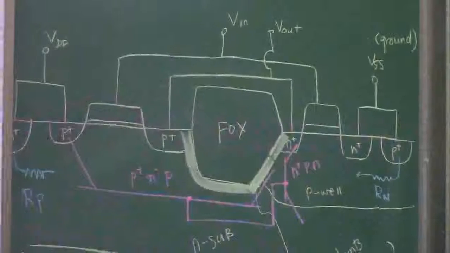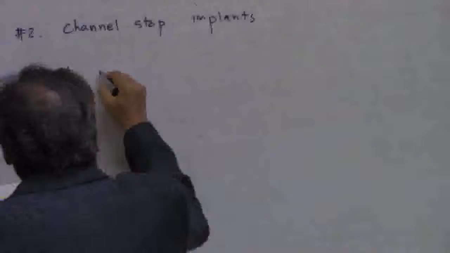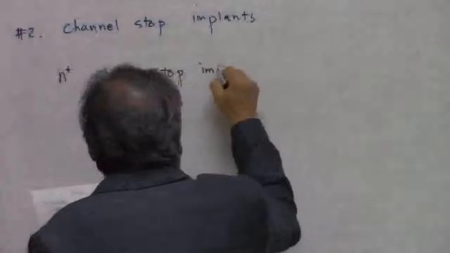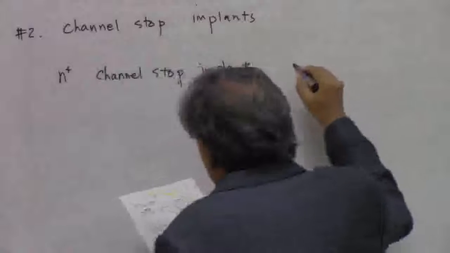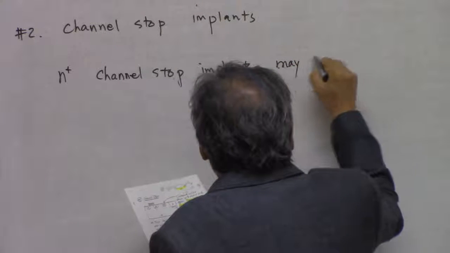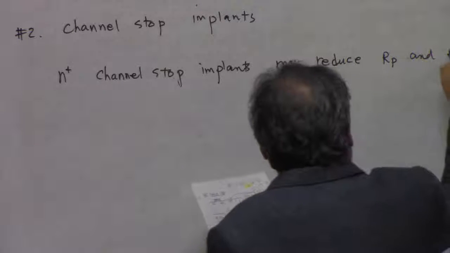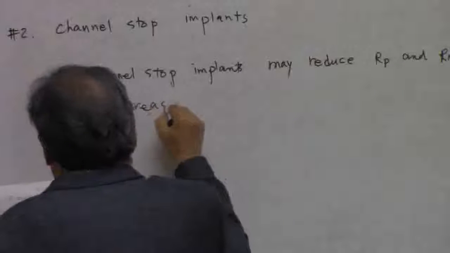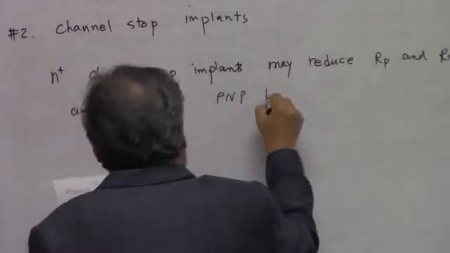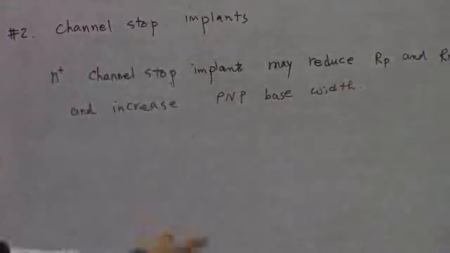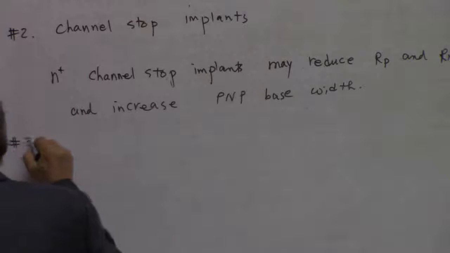And if you have an N plus, then the N plus channel stop implants may reduce RP and RN and increase the PNP base width, so that we can prevent the latch process.